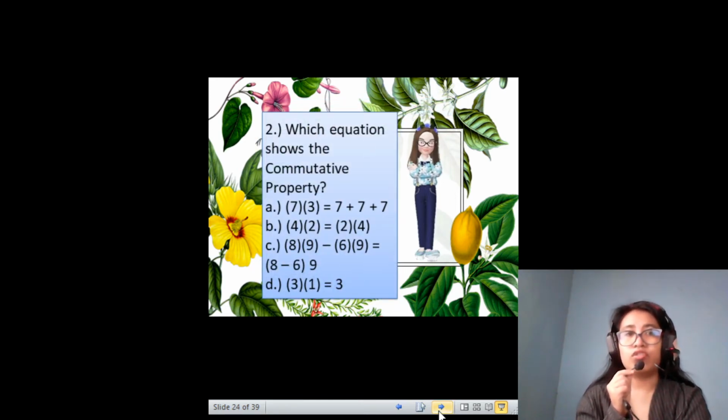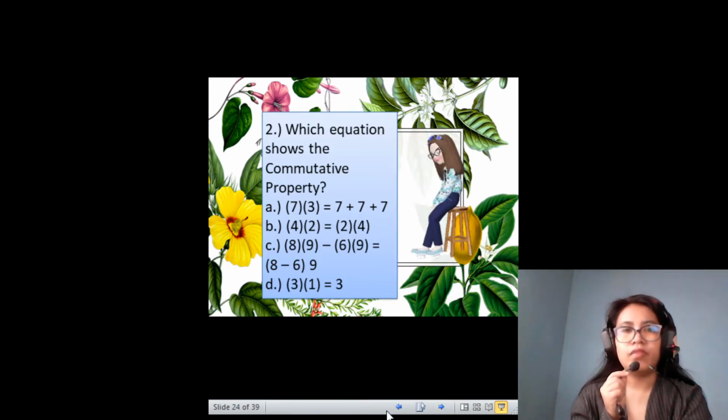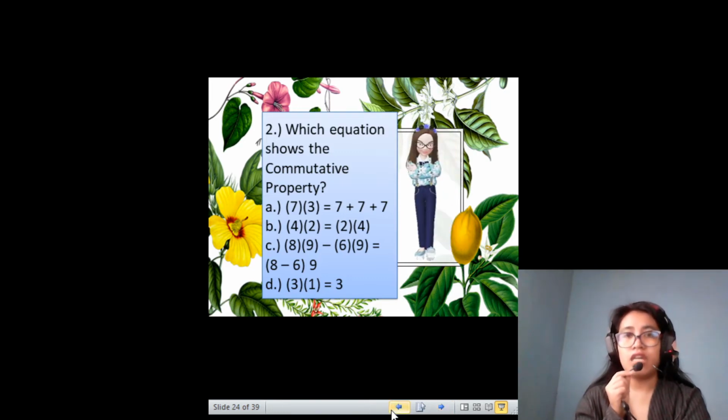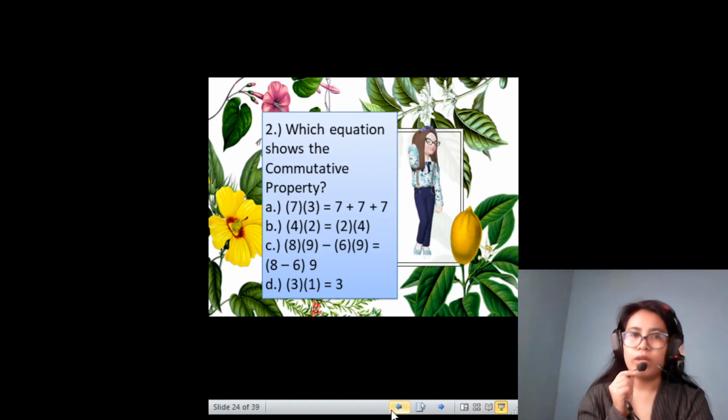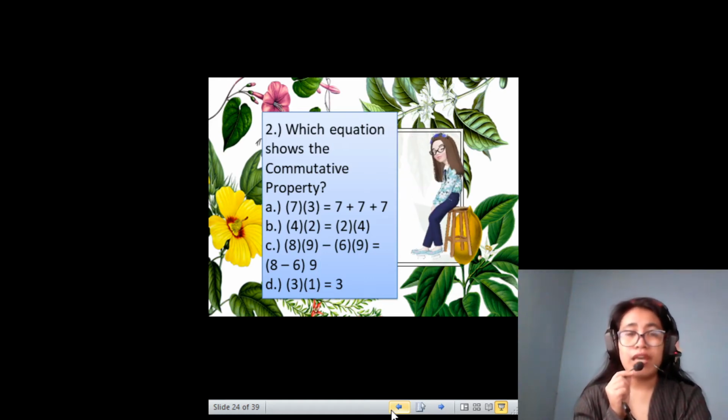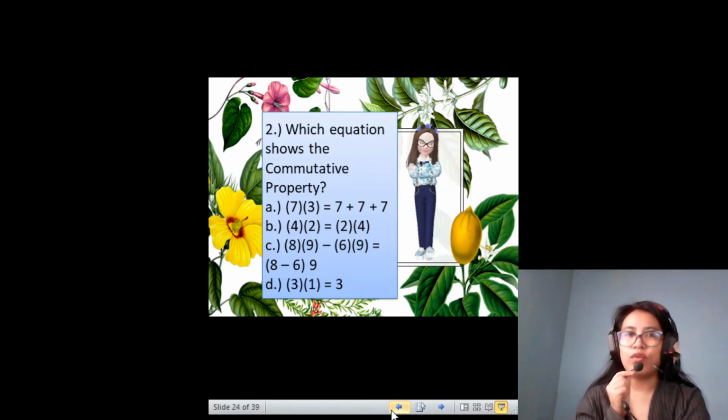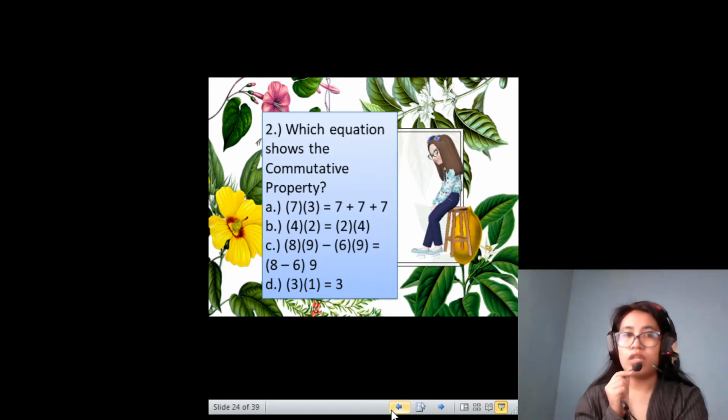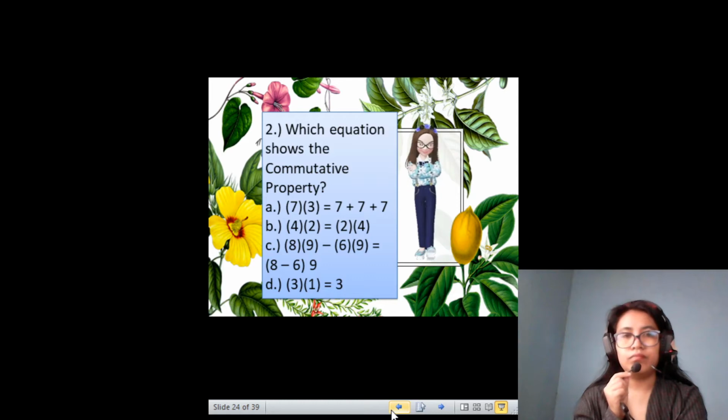Which equation shows the commutative property? Letter A, 7 times 3 equals 7 plus 7 plus 7. Letter B, 4 times 2 equals 2 times 4. Letter C, 8 times 9 minus 6 times 9 equals quantity 8 minus 6 times 9. Or letter D, 3 times 1 equals 3.